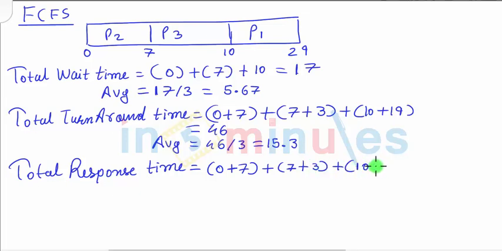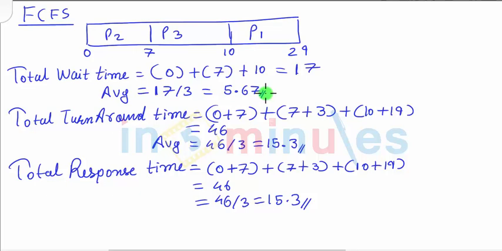P1 started at 10 and got completed in the next 19 burst cycles. So it would be equivalent to the turnaround time in this case, 46 by 3, getting 15.3 as the final answer. So that's it for first come first serve.